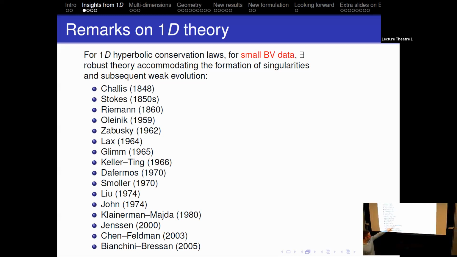This is an example of a paper for a system with 3 unknowns, where this paper definitively shows that if you have large BV data, then the BV norm can blow up. The point being that even in 1D, it's not the case that all solutions are understood. The large data regime is still not understood for many systems in 1D.